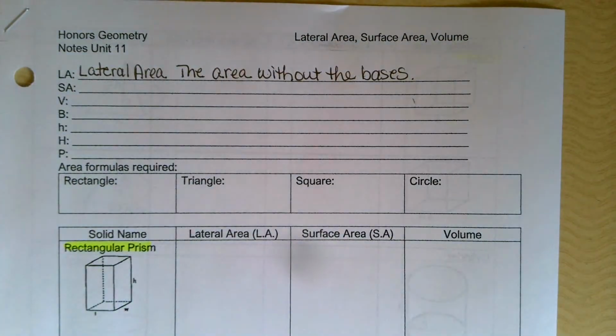Lateral means side, so we want the sides of the figure, the area of the sides, but not the bases. And most of our solids are going to have a top and a bottom, unless it's a pointed solid.